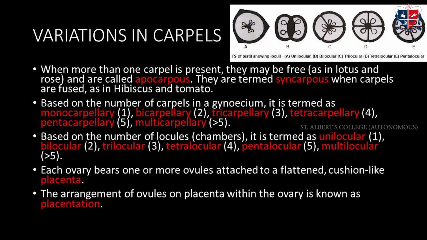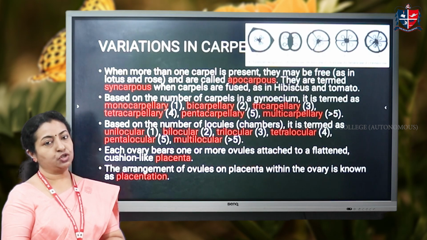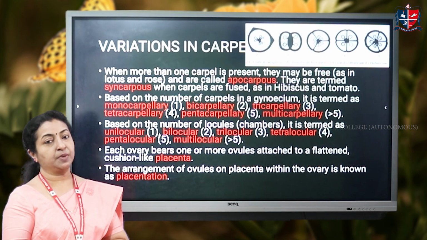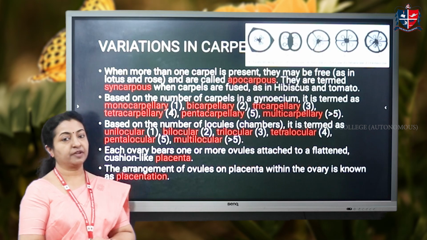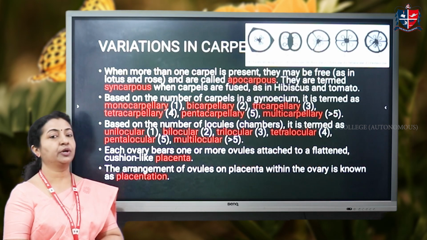Now we move into the variation seen in the carpels. Again, whether they are fused or free. The fused condition of the carpels is referred to as syncarpous, while the free condition is referred to as apocarpous. The number of carpels is also important.